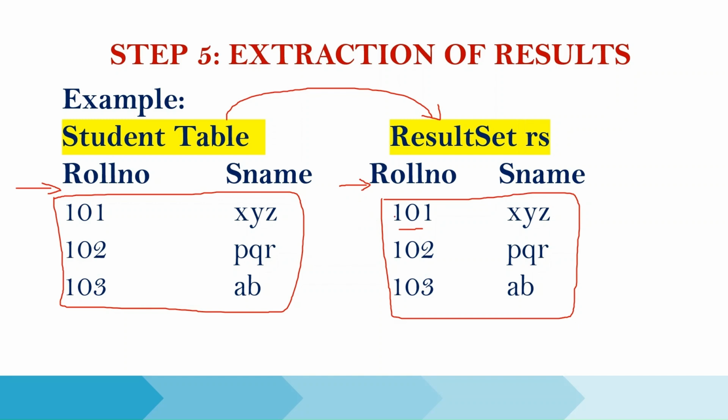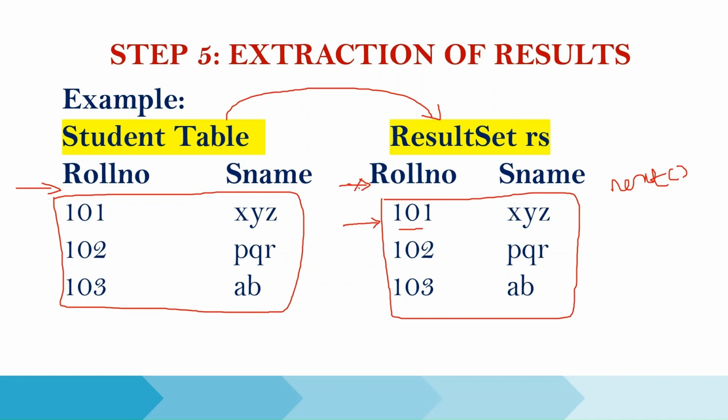In order to work with this, we have one method called next. So I can write here the next method, so that when you apply it, the pointer goes to this particular record, because this has become the next record.